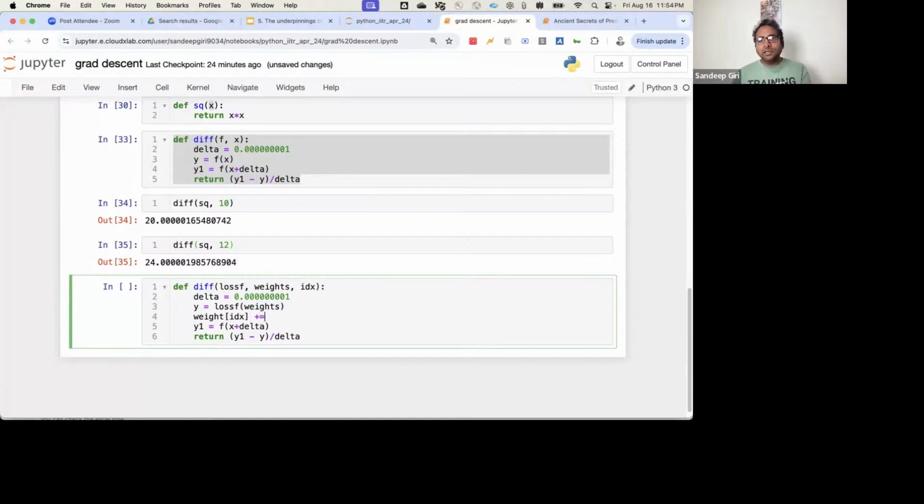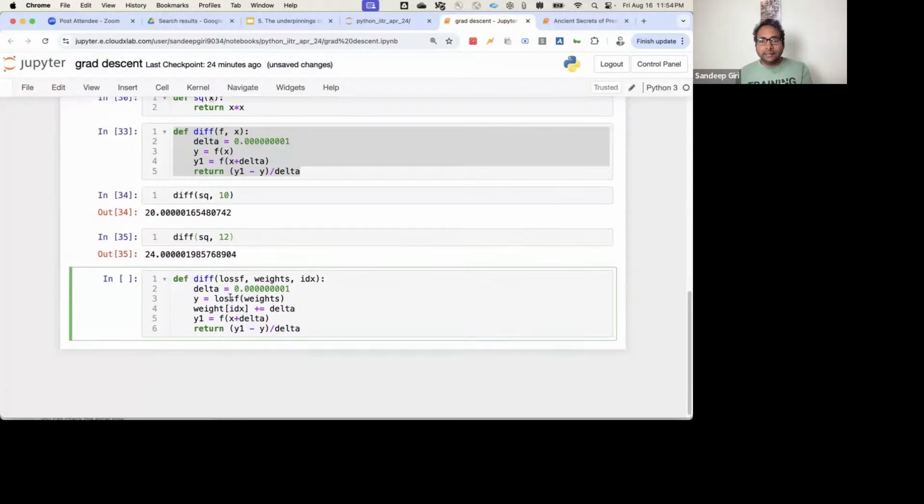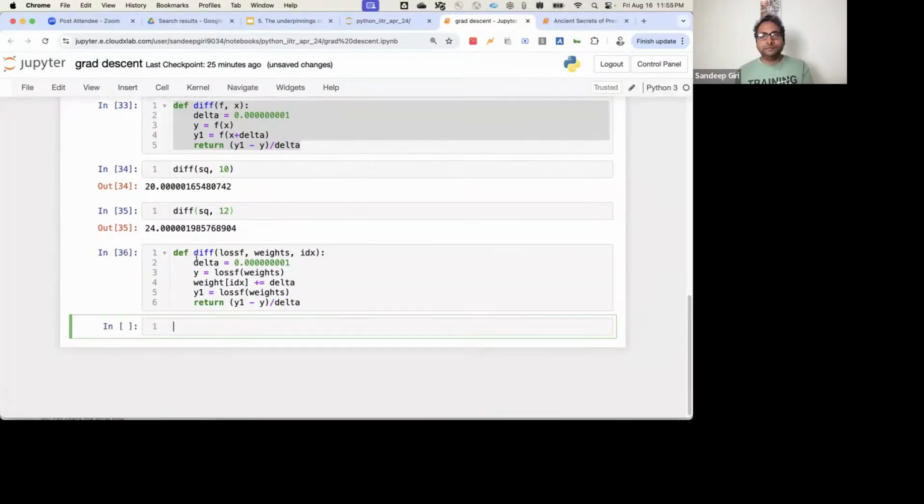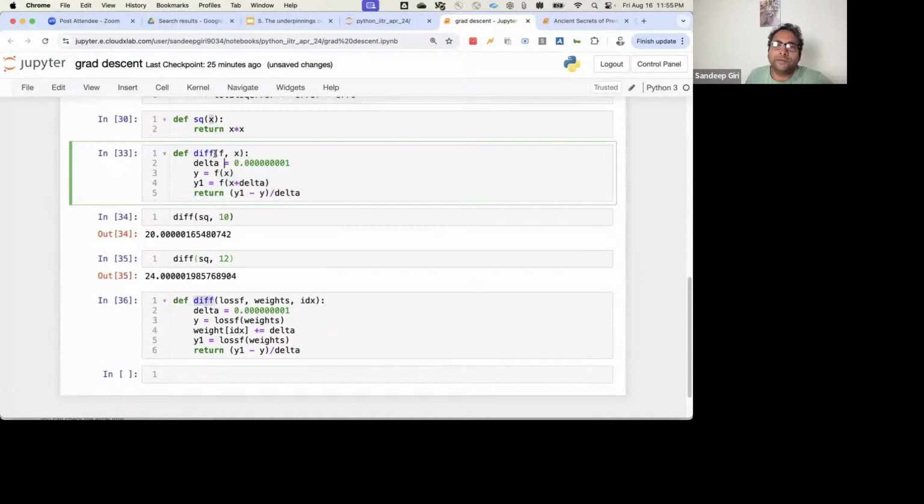I'm saying increase the ith weight by this delta, and then again calculate the loss on this value. That's it. And you return the value of y1 minus y divided by delta. Happy? Is everybody okay with this? So first of all, are you okay with this here?